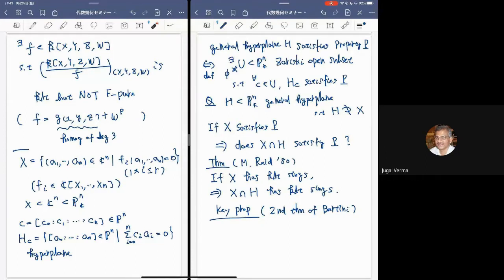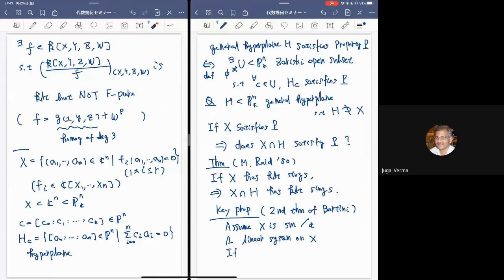So assume X is smooth over C, and lambda is a linear system on X. A linear system is a vector space consisting of linearly equivalent divisors, but it's not important.